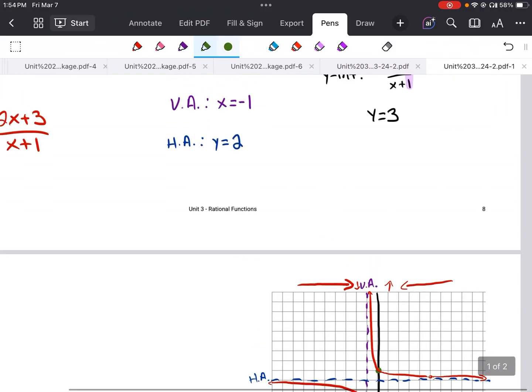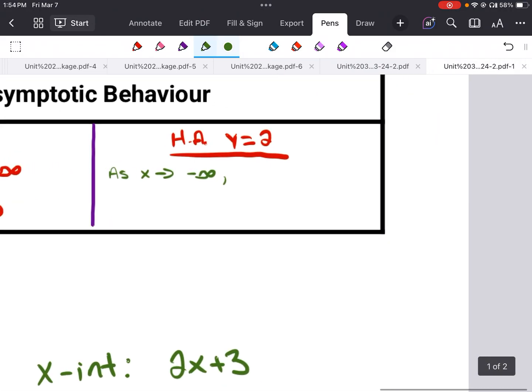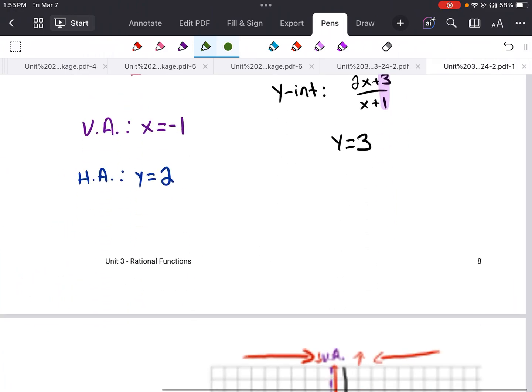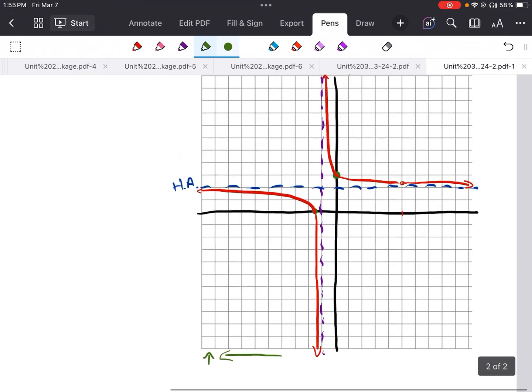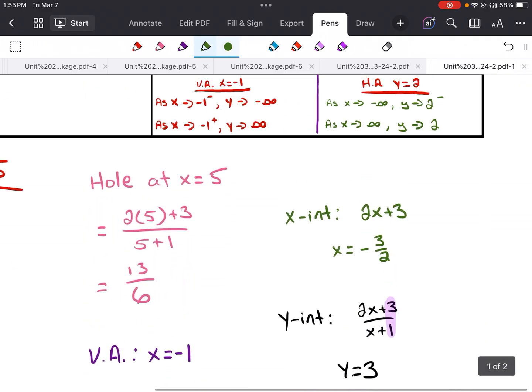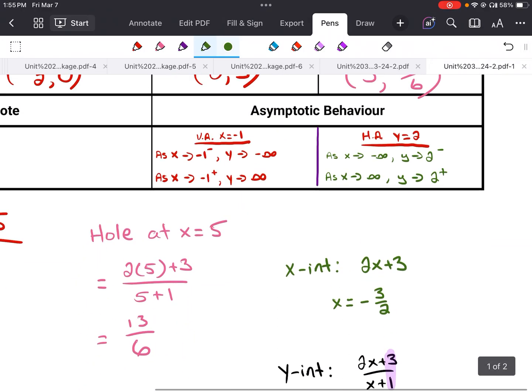So it's going towards 2 from the bottom. So as x approaches negative infinity, y approaches 2 from the bottom. As x approaches positive infinity, okay, so if we go back down, we see that it's approaching 2 from the top. So 2+ means approaching from the top.